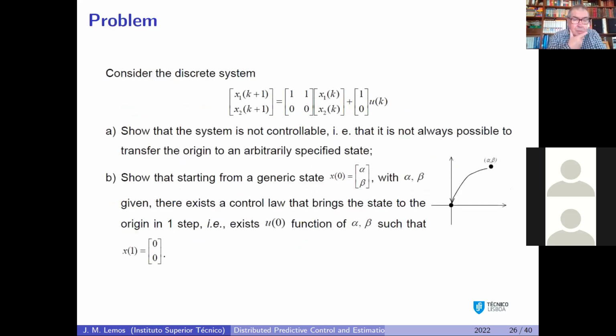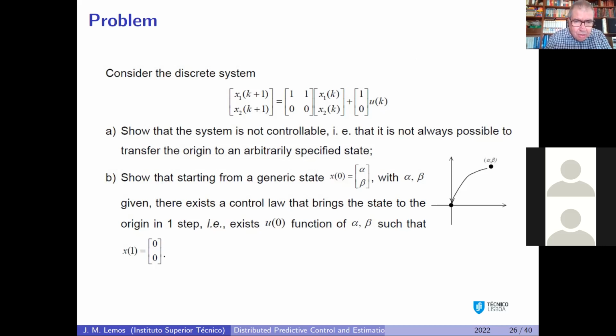Now, let's see one example. Suppose that you have this system. Is this controllable? So you have your matrix A and your matrix B. How can you see whether, starting from the origin, you are not able to reach any specified state?